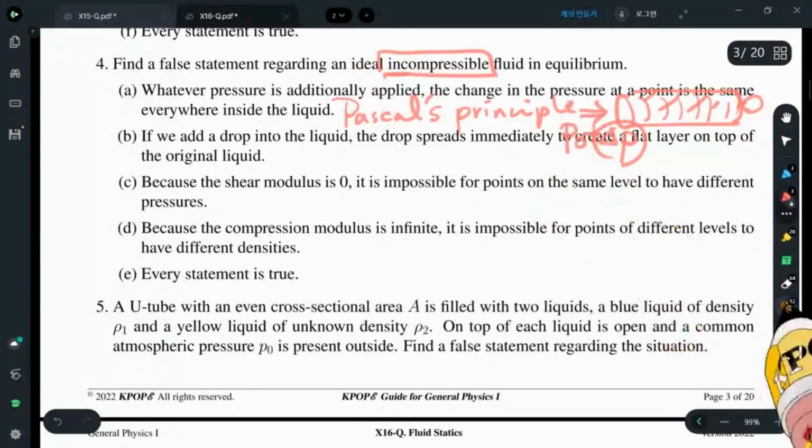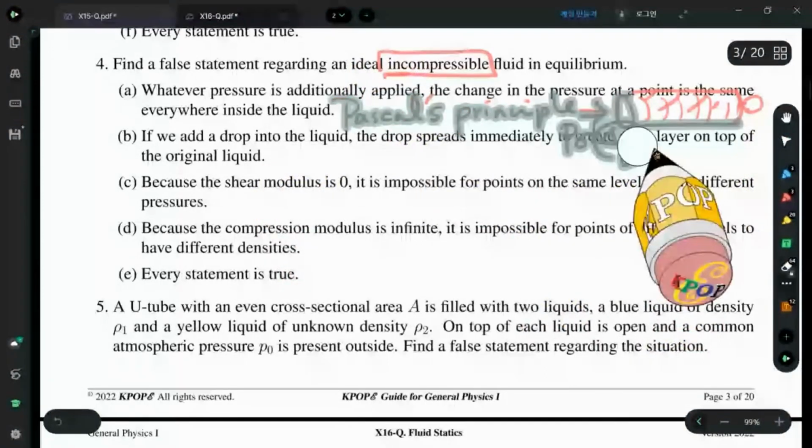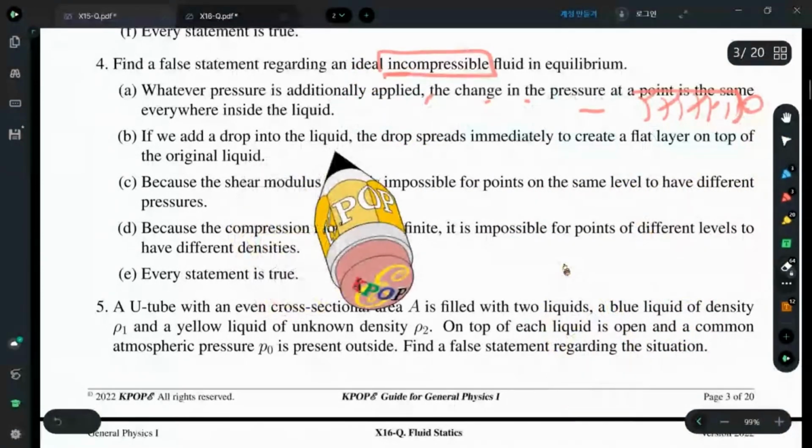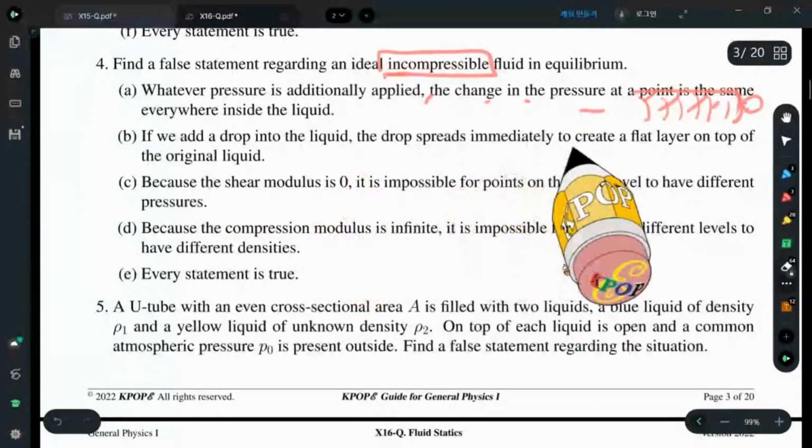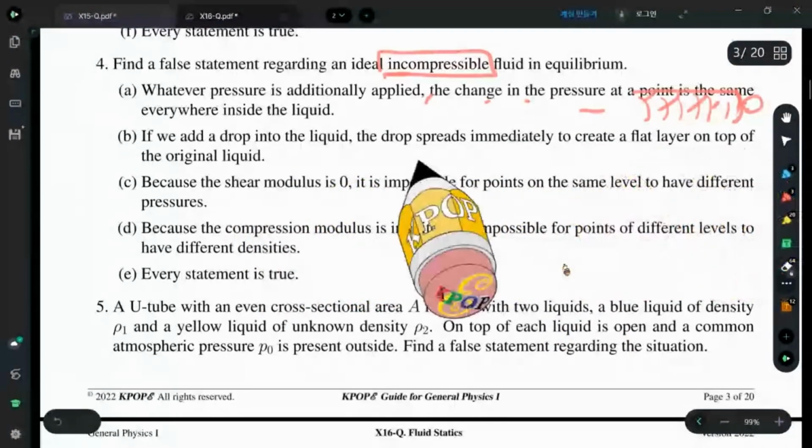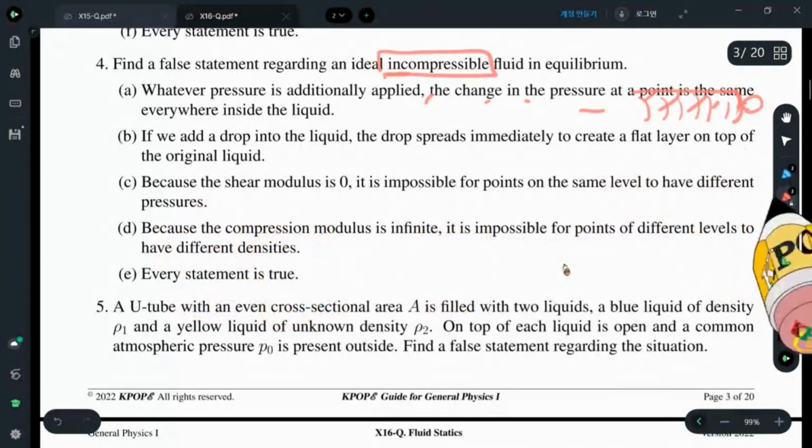That is Pascal's principle. If we add a drop in the liquid, the drop spreads immediately to create a flat layer on top of the original liquid.